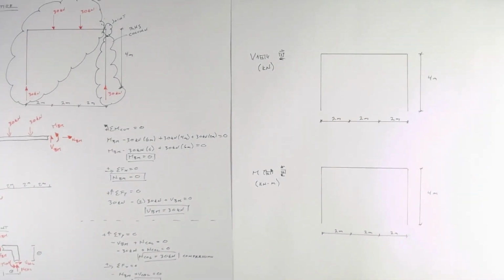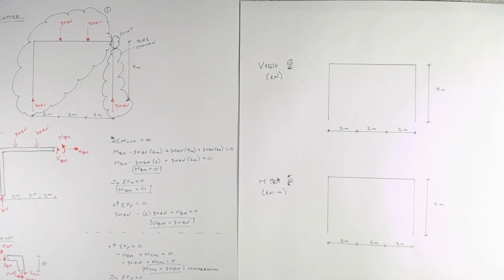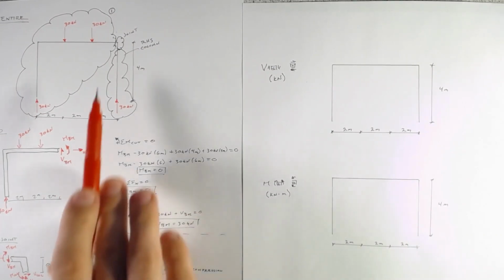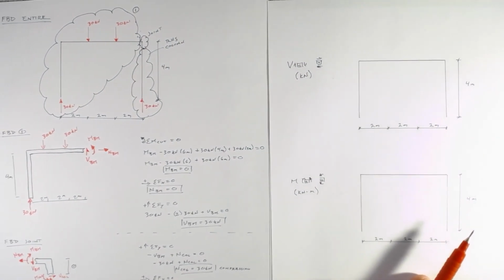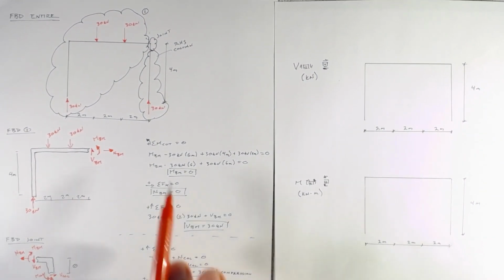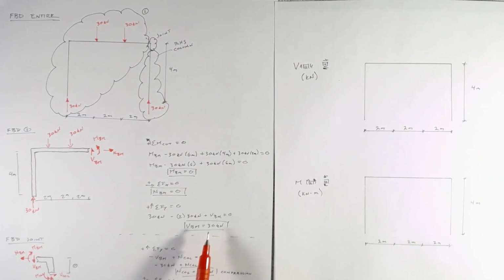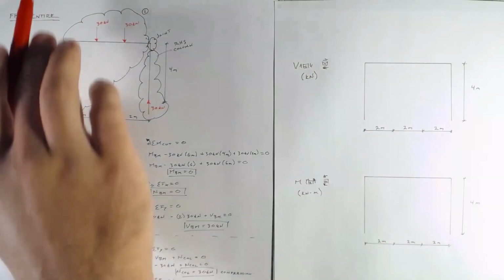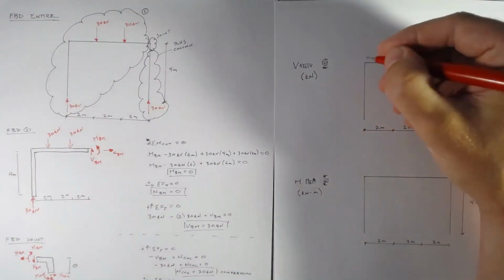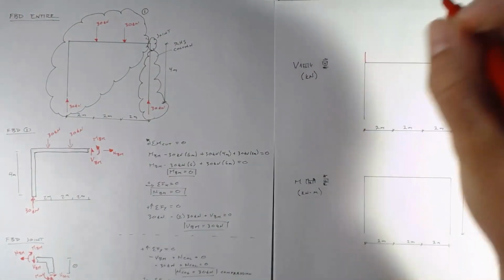So starting with our shear force diagram, if you remember, it's a symmetric system, so the shear force on this side is going to be the same as on the other side, and the shear force in the beam is 30 kilonewtons. We will start on this side. We know that we got 30 kilonewtons pointing up, so we will draw up.